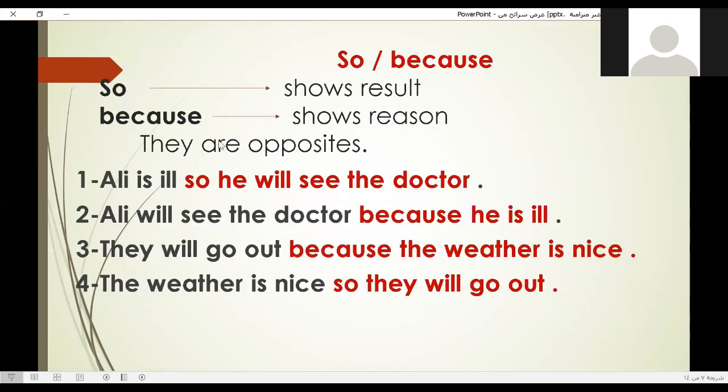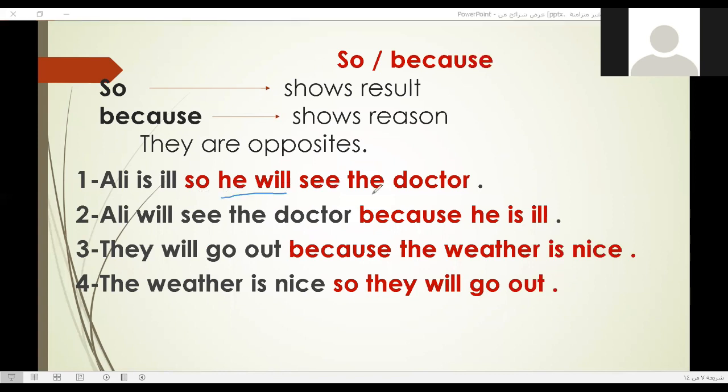Okay. Now let's talk about so and because, linking words. So is for showing results, but because is the opposite, to show reason. You see, they are opposites. So let's read examples about them. Number one, Ali is ill, so he will see the doctor. So this is a result.